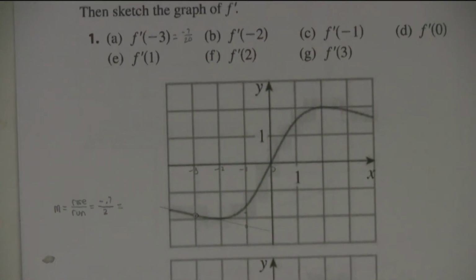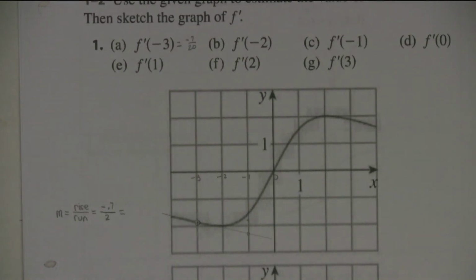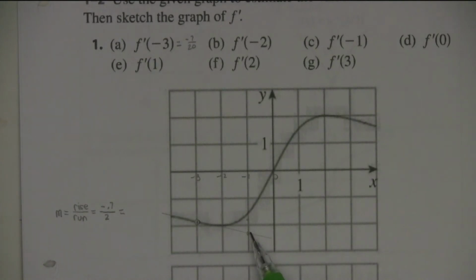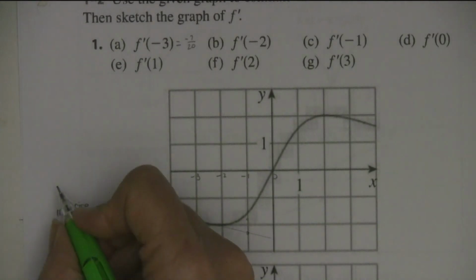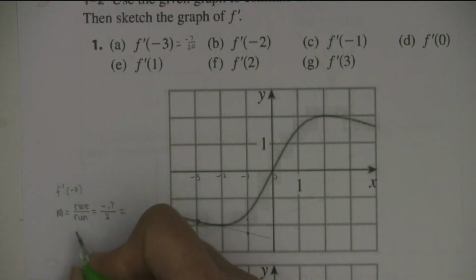Okay, and there are different answers. Some people might say, well, because remember it was an estimate, I really thought that was closer to half, -half down, and I could be convinced that it might be half as well. So another person, this was f prime at -3, might say, well, when I did mine, I thought it was negative this over here.